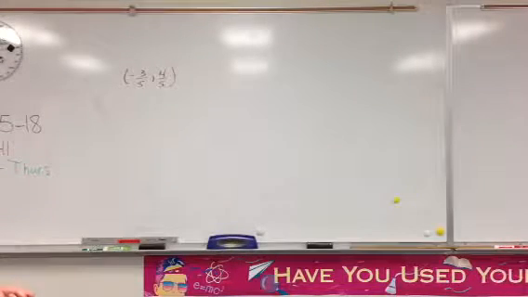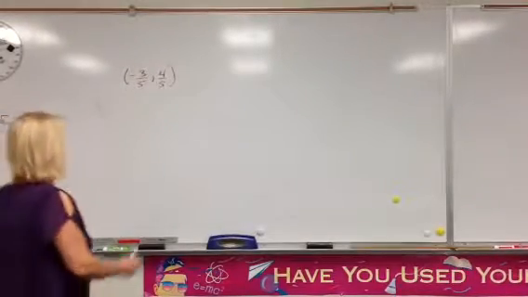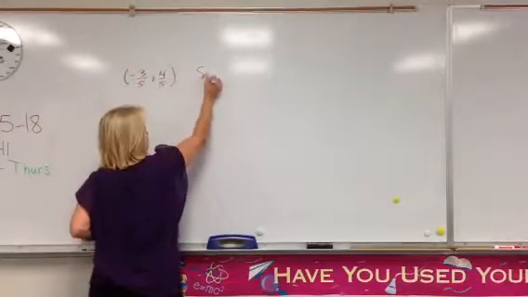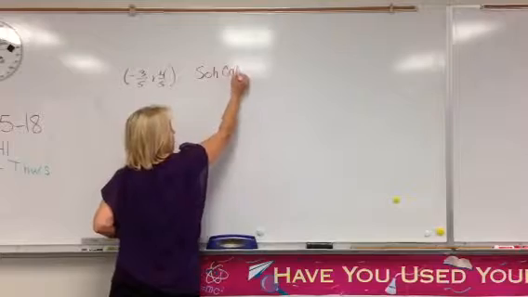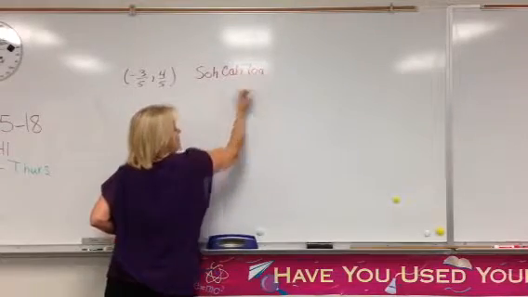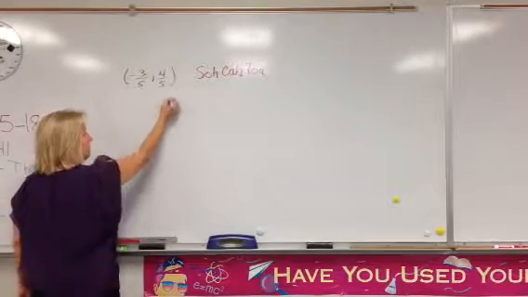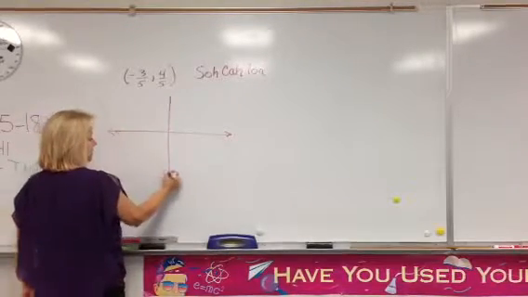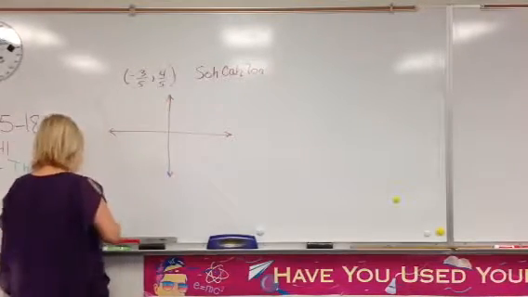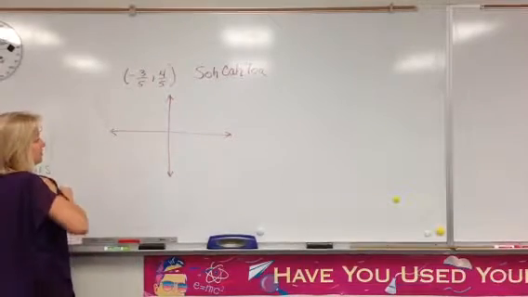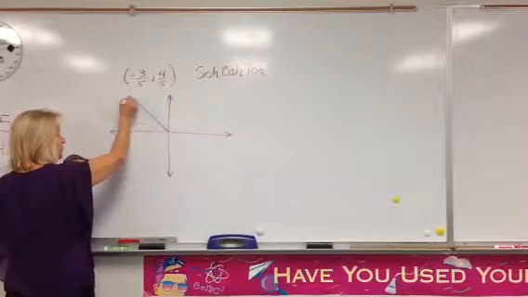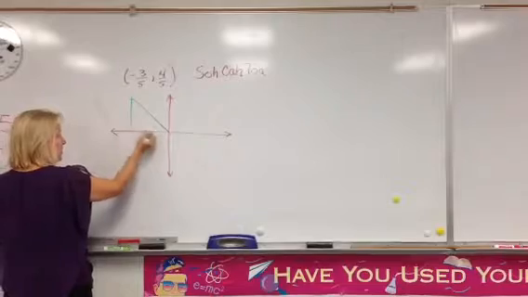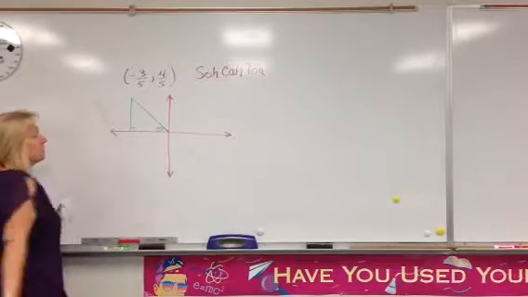Sometimes they'll just give you the signs, but you have to know what quadrant it's in. I always write SOHCAHTOA because it's a visual for me. Kind of takes the thinking out of it then. And we already discussed that this was in quadrant 2. Theta or t is right in there.